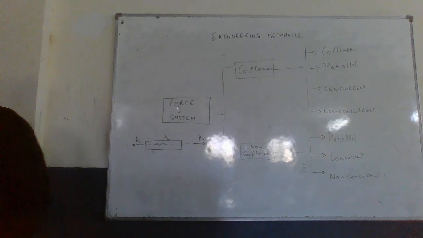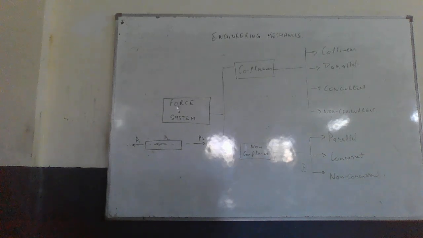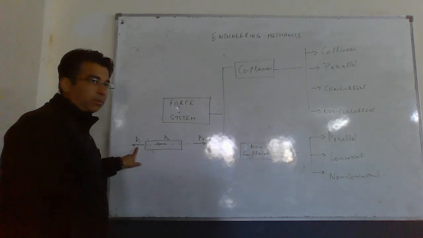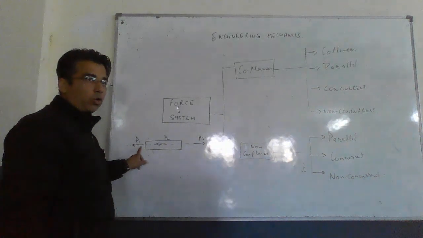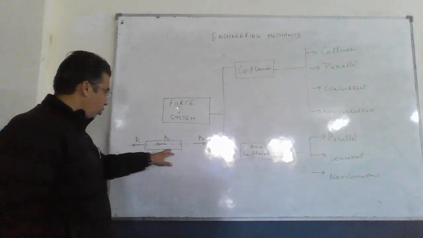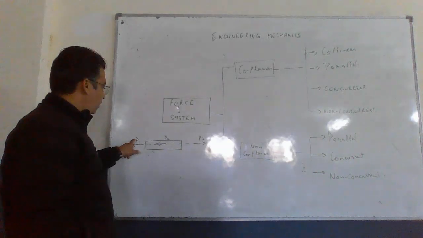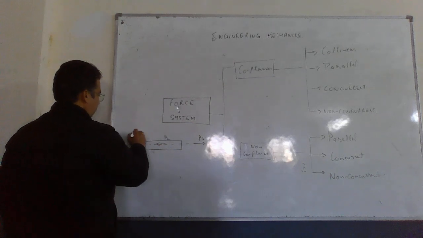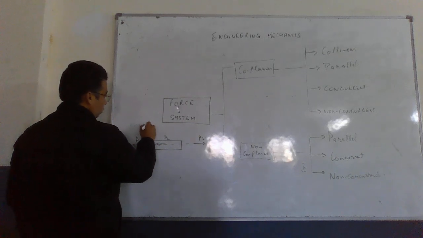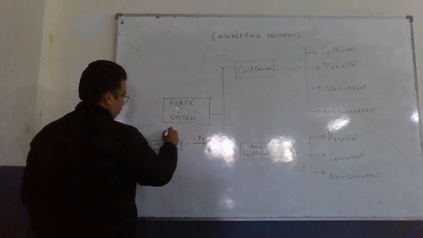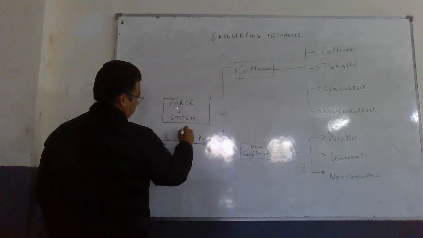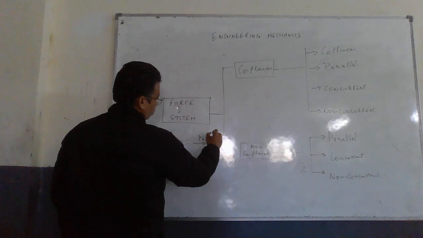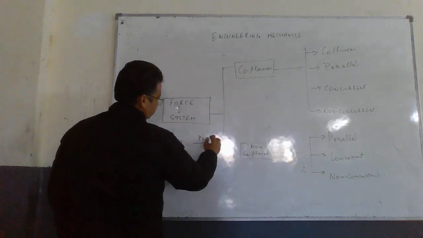So what I have represented here is three forces that are occurring in a collinear system. Collinear means the line of action is the same. So all the forces are acting on this imaginary line: force P1, then you have force P2, then you have force P3.